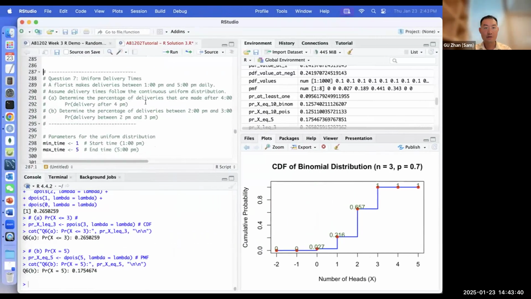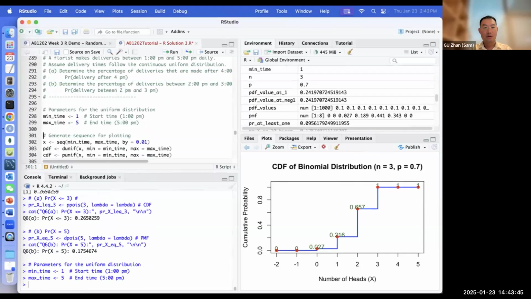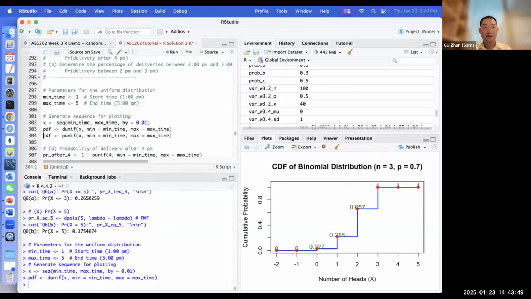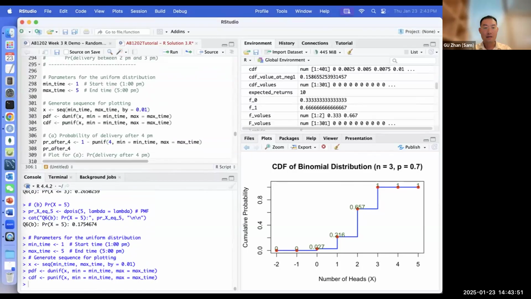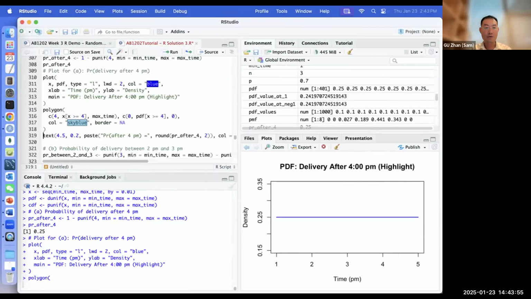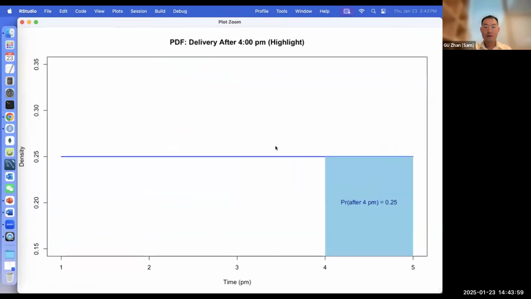The florist, the first question: after 4 p.m. So minimum time 1, maximum time 5 p.m. Let's have a look at the PDF, the probability of delivery after 4. Let's just visualize it. From 1 p.m. to 5 p.m., the density value will be 0.25.